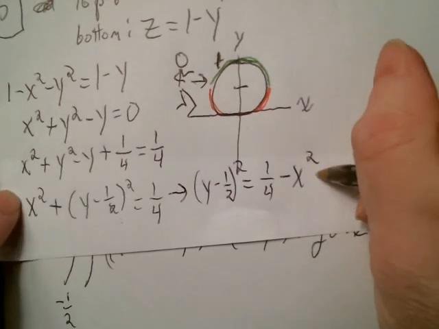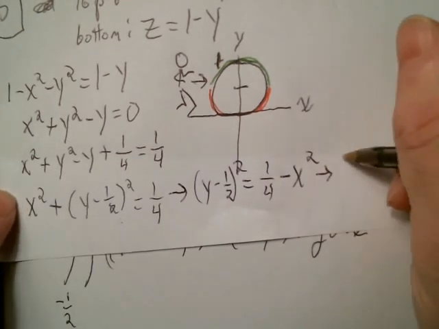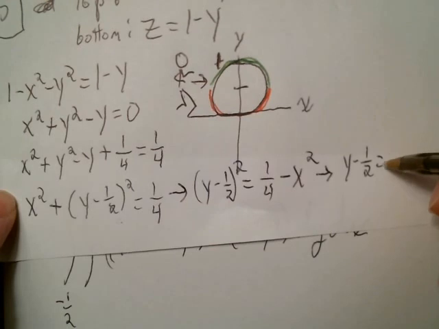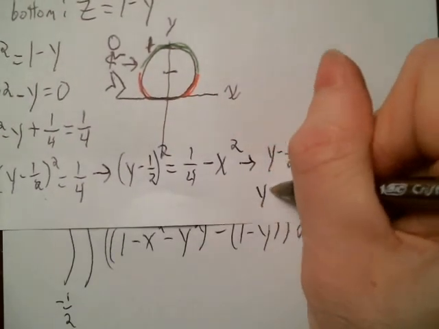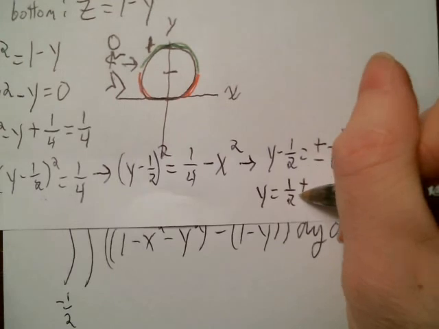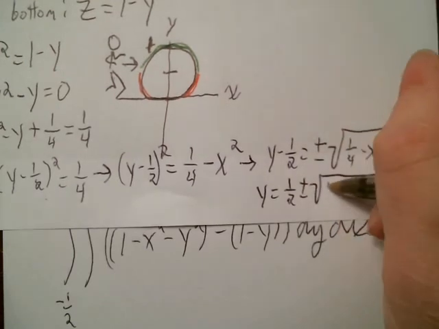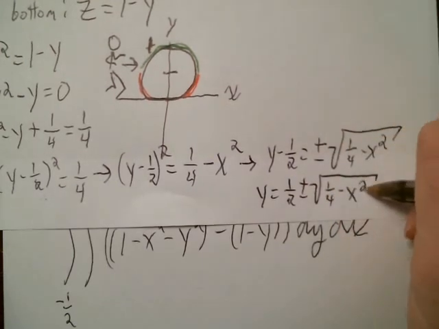Take the square root on both sides. So I get y minus 1/2 equals plus or minus the square root of 1/4 minus x squared. And then add the 1/2 to the other side. So y equals 1/2 plus or minus the square root of 1/4 minus x squared.